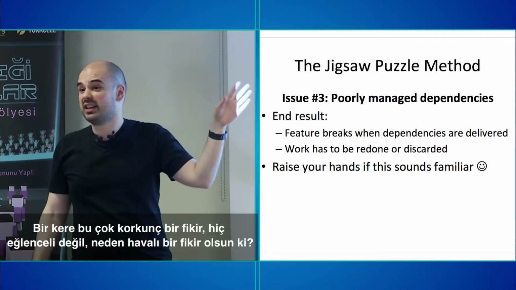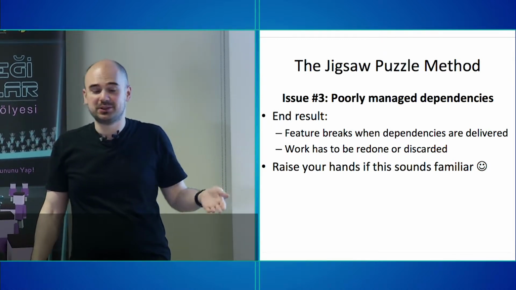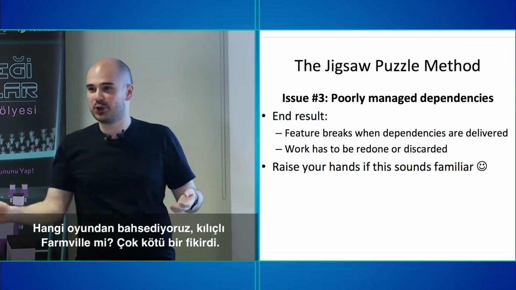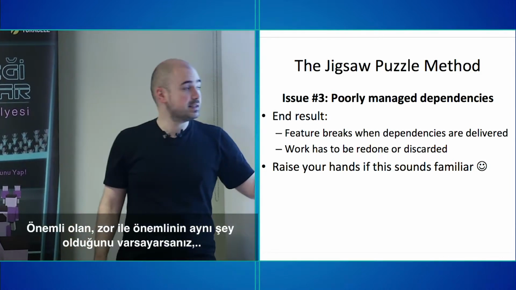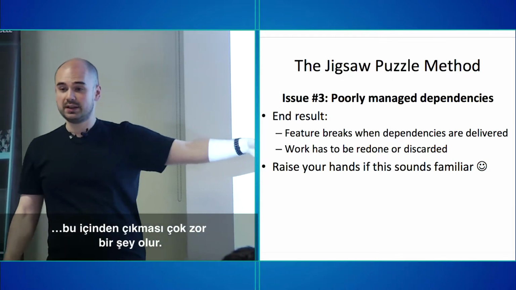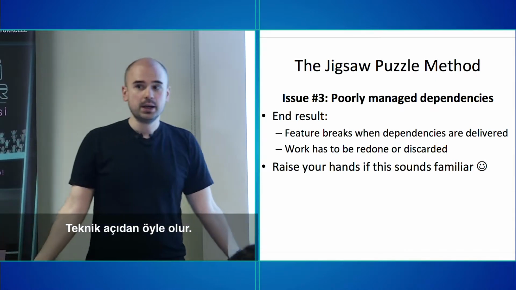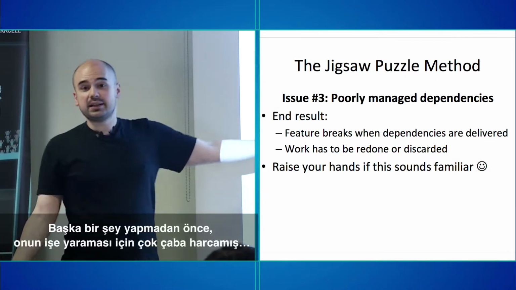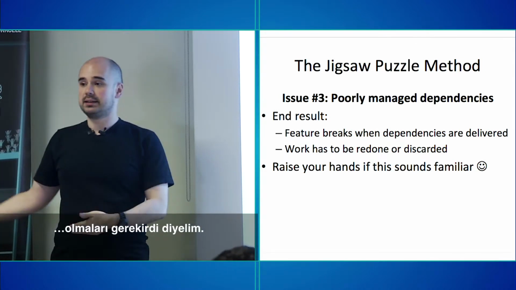First of all, that's a terrible idea. That's just not fun. Why is that cool? What is this, Farmville with a sword? It's terrible. But number two, the most important thing is, if you assume that difficult is the same as important, then that is a pretty difficult thing to do, relatively, from a technical point of view. So let's say that they would have spent a lot of effort to make that work before they did anything else.